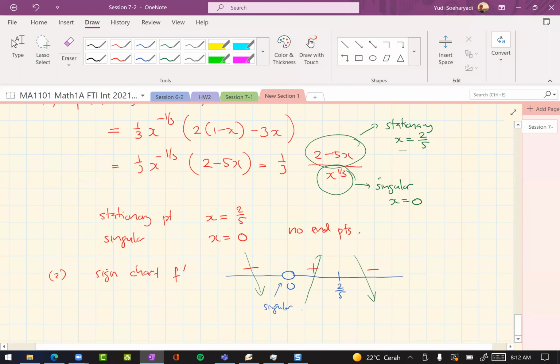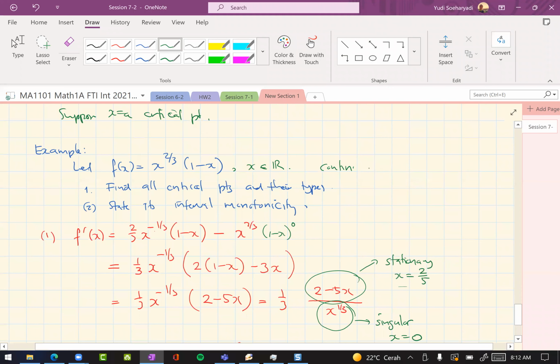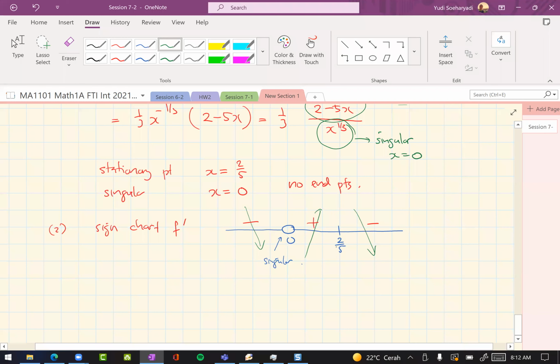Because this is a continuous function, you ought to be able to connect these two. So how's the connection here? It should be something like this. Because they're singular, it should be something like this, and it keeps going down while here it keeps going up.